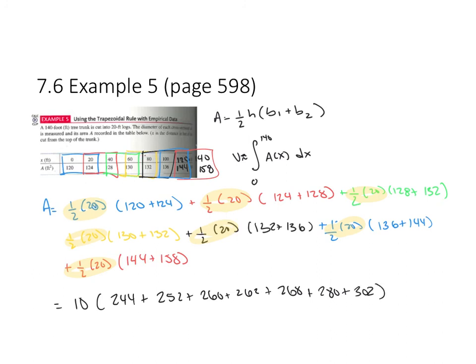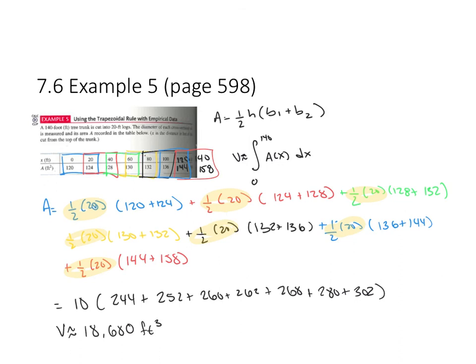So I'll add all these up and then I'll multiply by 10. And I get my volume is about 18,680. And that's going to be feet squared times feet, so that should be feet cubed.